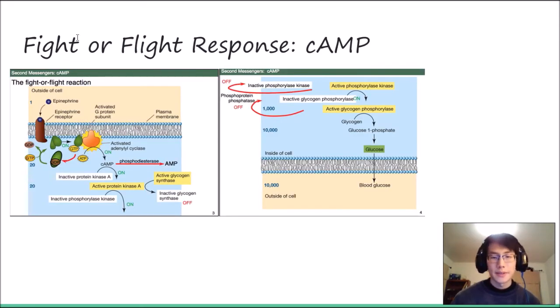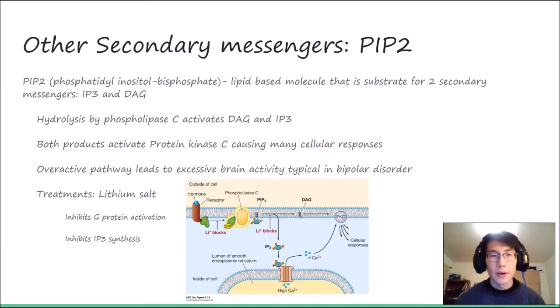It is worth mentioning, though, that there are other secondary messengers like PIP2. PIP2 is a lipid-based molecule that is the substrate for two secondary messengers, IP3 and DAG. You have a certain enzyme called phospholipase C, which hydrolyzes PIP2 into DAG and IP3. And these products will actually cause many cellular responses, including calcium influxes, as well as NF-kappa B translocation into the nucleus, and that induces transcription of certain pro-inflammatory genes.